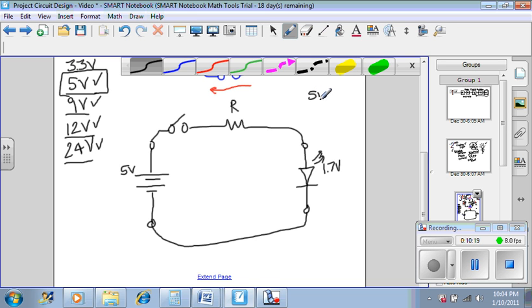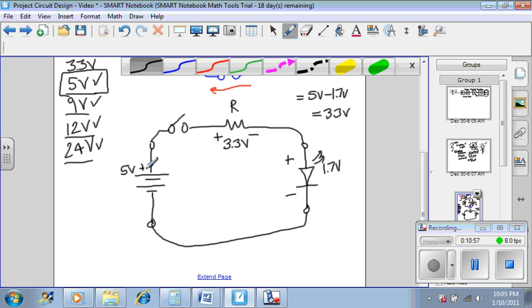So using a little bit of math, and we're talking very simple math here. Math in electronics generally is a lot more complicated than this, but this is our first try, so we will stay simple. I calculated 3.3 volts, which means 3.3 volts must be subtracted from the 5 so that the remaining voltage will be 1.7 volts for the LED.